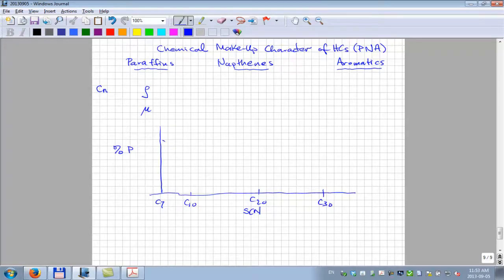And often it kind of goes down. In general trends, it might go up, and then it might go like that. So you've got a variation in how much paraffin and aromatic you have.